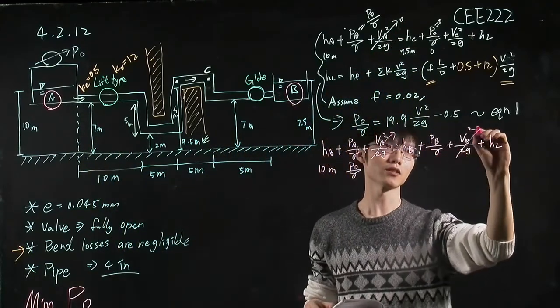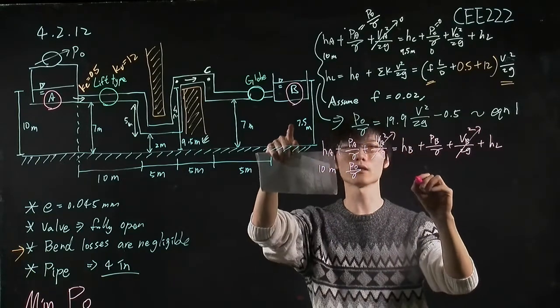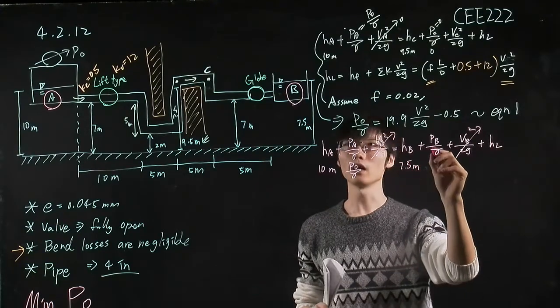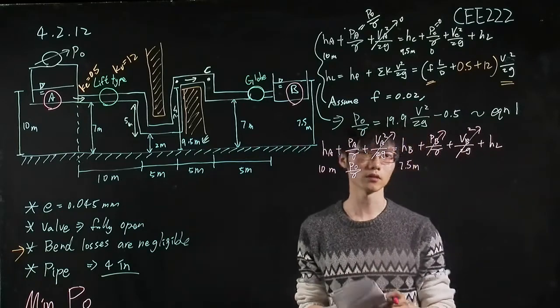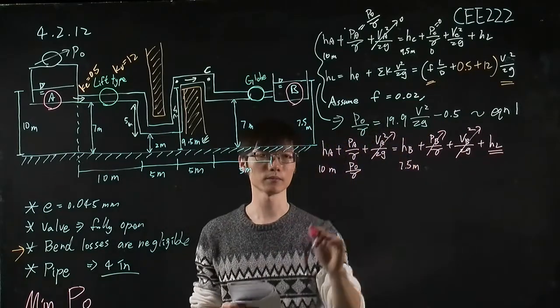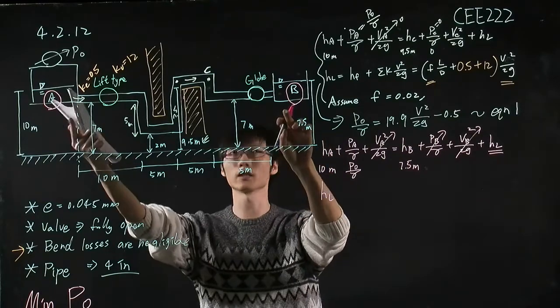So we can cancel these 2 terms out. And we know that HB is equal to 7.5 meter. And the pressure out here, because it is an open surface, we can cancel this out. So we remain with the head loss for the B point, from here to B.